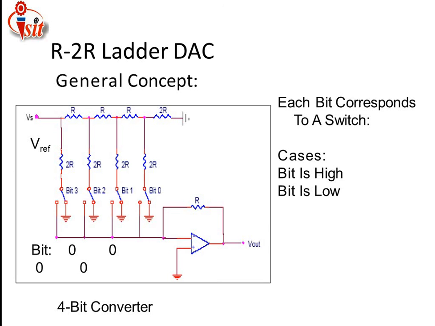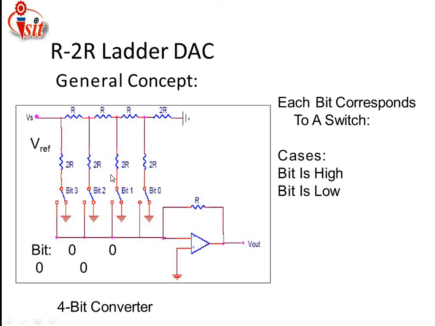Along with this, the general concept of the R-2R ladder DAC: just see how the R-2R ladder works. It is used for a 4-bit converter. Here the reference voltage is applied to each bit, and one R resistor is connected in series with a 2R in parallel. All 4 bits, the 2R resistors, are connected in parallel, and the R resistors are connected in series.